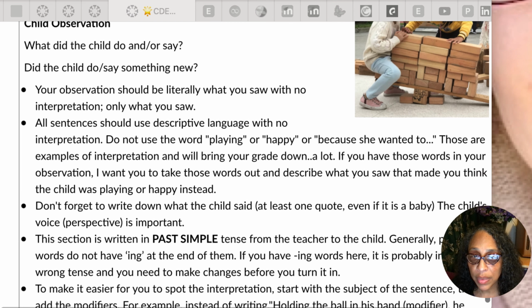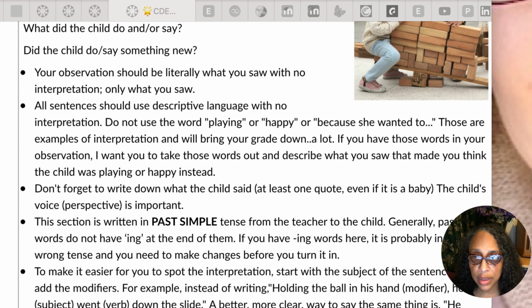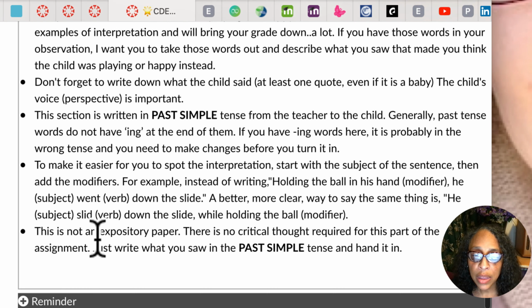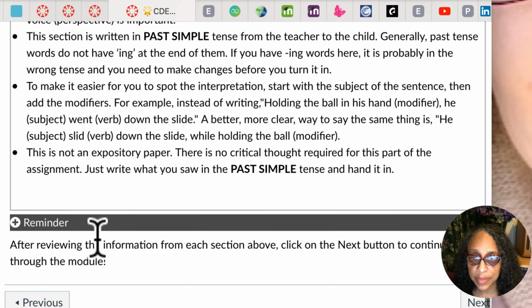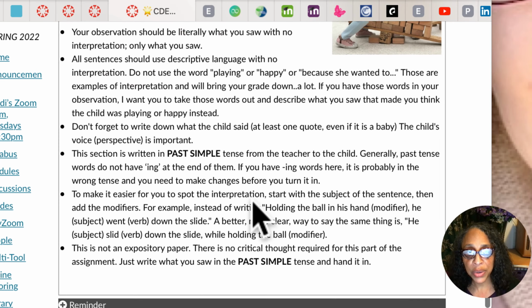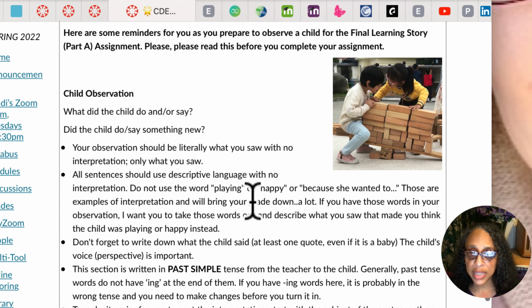Okay? And so that's what this is describing here. We're describing past tense. You want to quote what the child says. Very important. And so the great thing about a learning story is it has all the stakeholder voices, right? So you're telling the story as the teacher. You're going to imagine that you are the adult in the videos, if you choose a video.